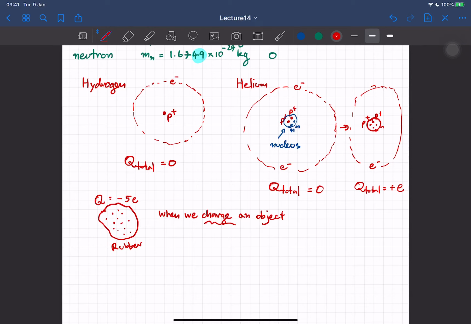Okay, that's what we mean when we say we want to charge an object. So when we charge an object, what we do is we either remove or add electrons from or to the object.